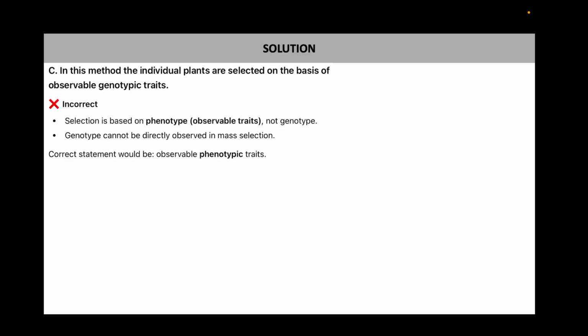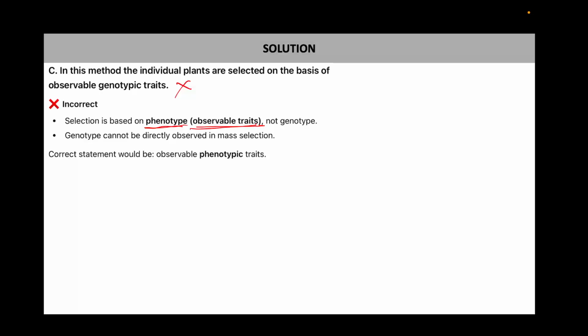Now, option C: in this method, individual plants are selected on the basis of observable genotypic traits. No, we have talked about this: in mass selection, genotypic traits are not considered in any case. Selection is based on phenotypic traits, which are observable characters, the ones we can see in the plants. Genotypic traits are not observable.